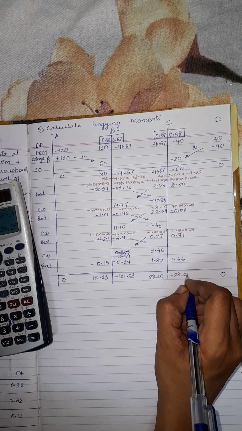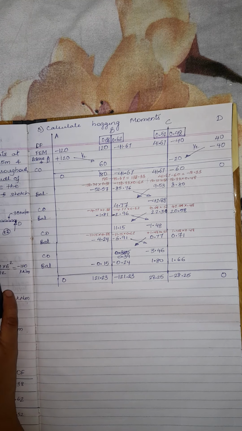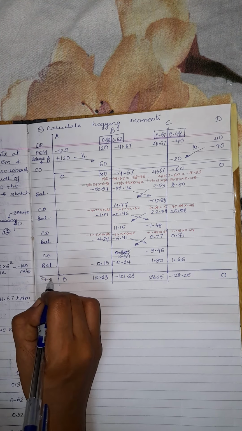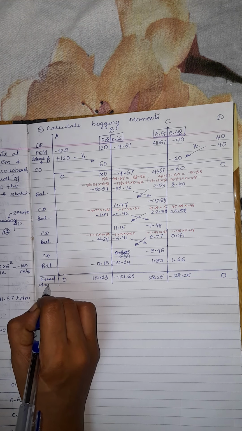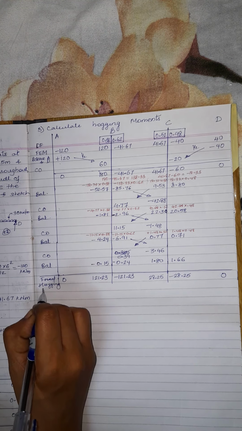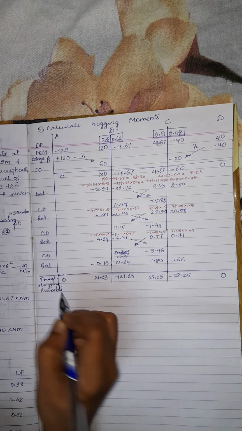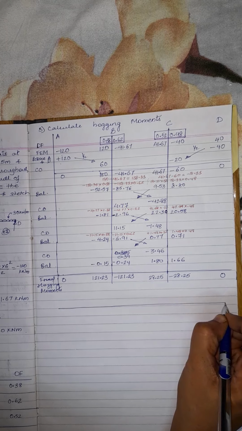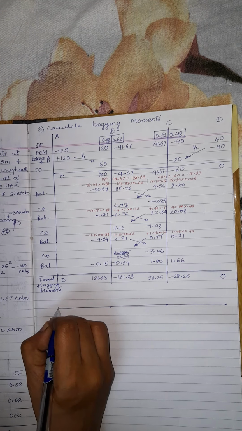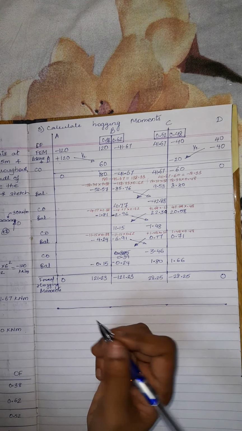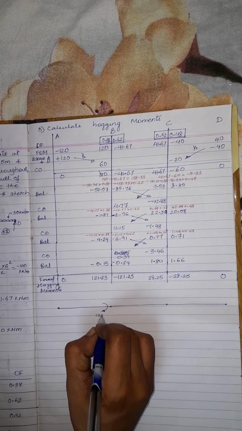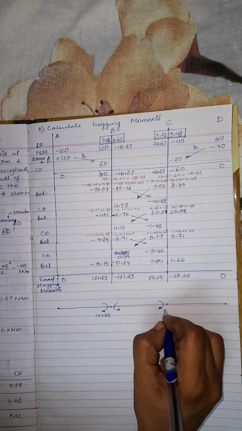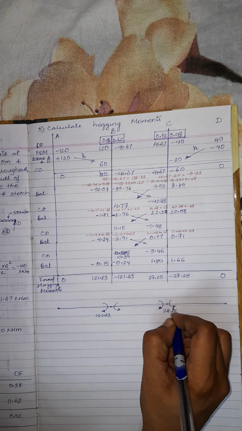Yes, we have got finally the hogging moments. These are final hogging moments. Let us draw a diagram for the fixity. Okay, 0 here, no issue. 121.23 clockwise, anti-clockwise, clockwise 28.25, and anti-clockwise.